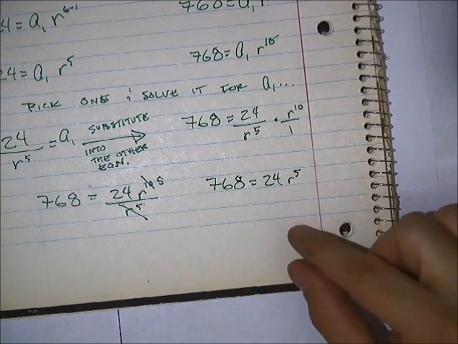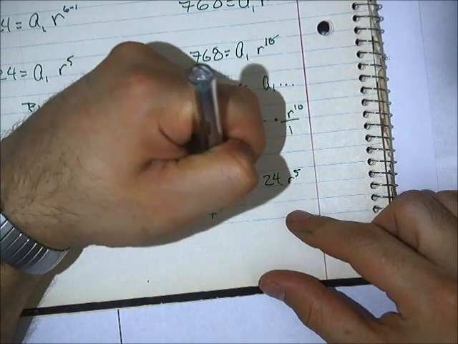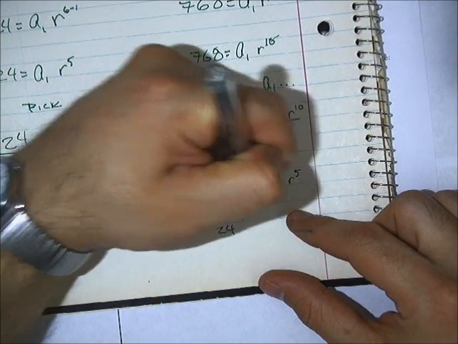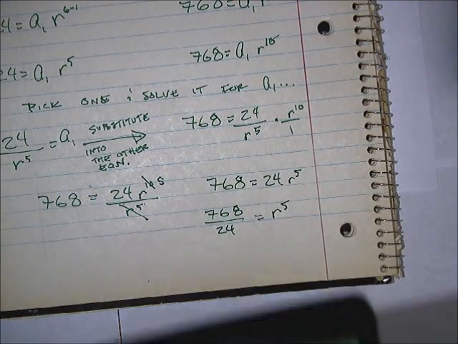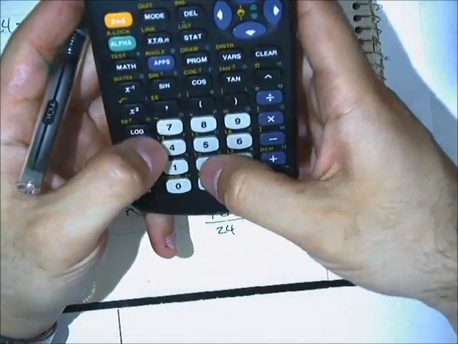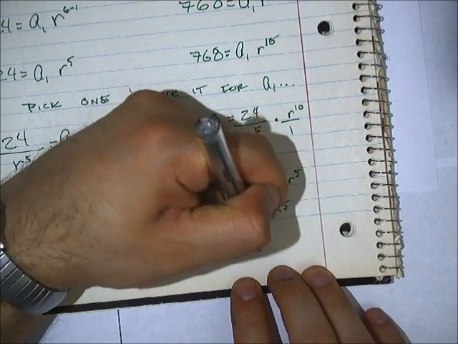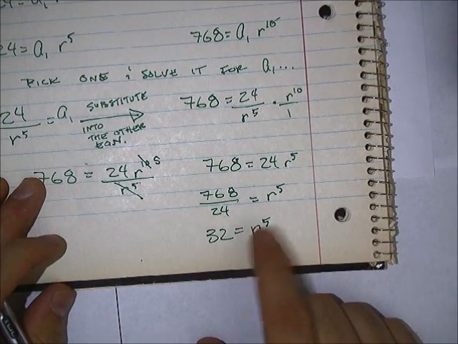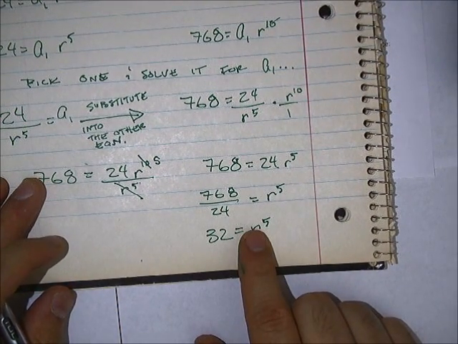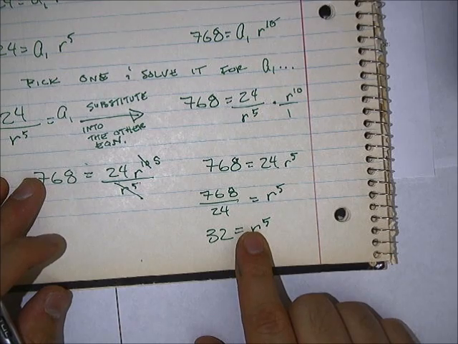Let's divide this by 24 to get r by itself. So 768 divided by 24 is equal to r to the 5th. That's 32. 32 equals r to the 5th. And how do I solve this? How do I take a 5th root? There is no 5th root button on your calculator.